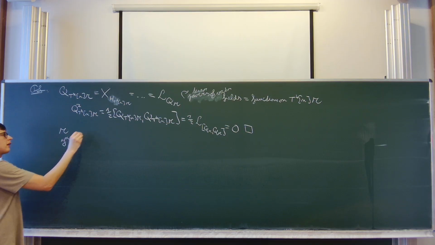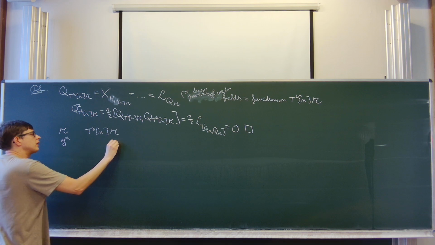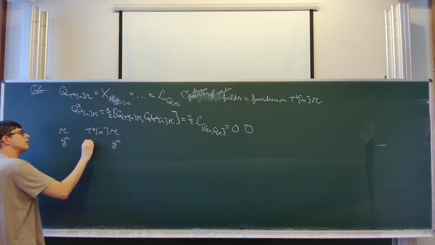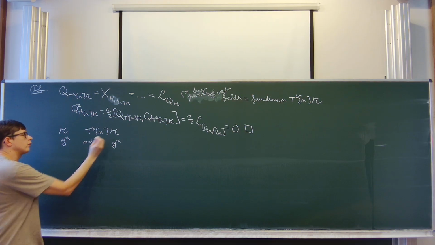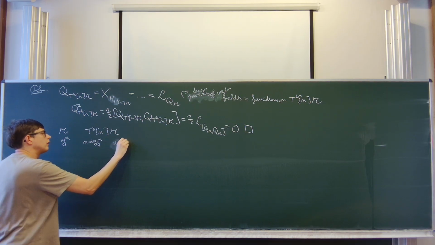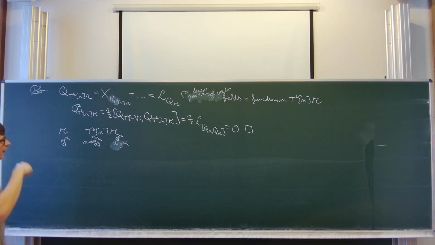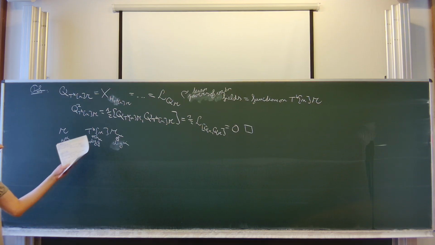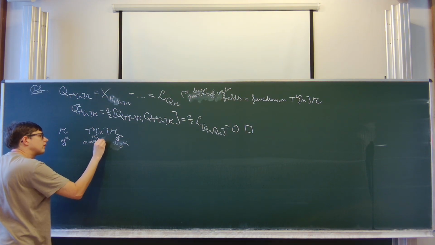If this guy has some coordinates like this, then this thing will have coordinates of that degree and also of degree n minus that degree alpha. Let's call those y alpha and those pi alpha. And then that's it. The functions of these are stuff you can build out of these pi's and y's.